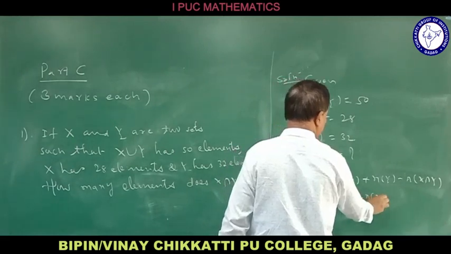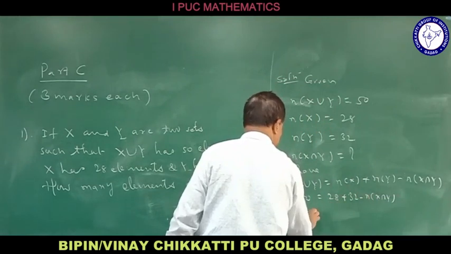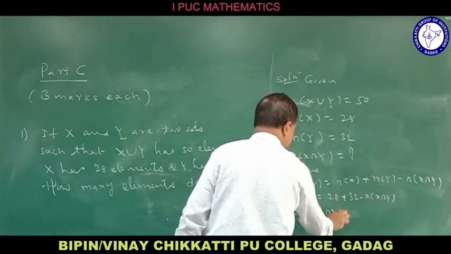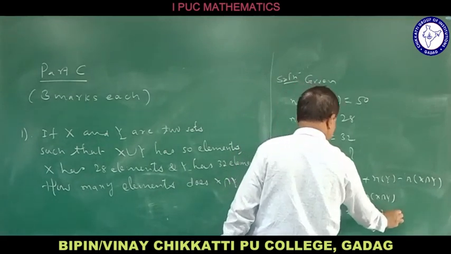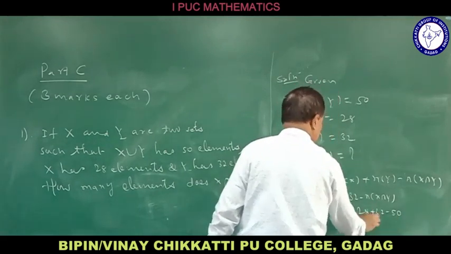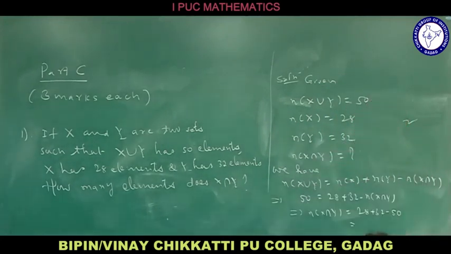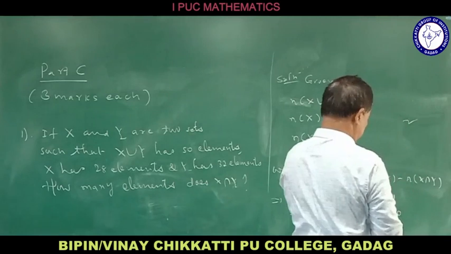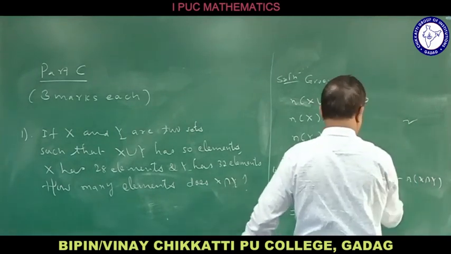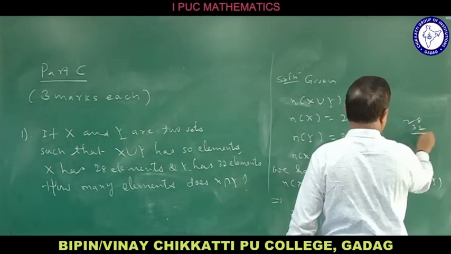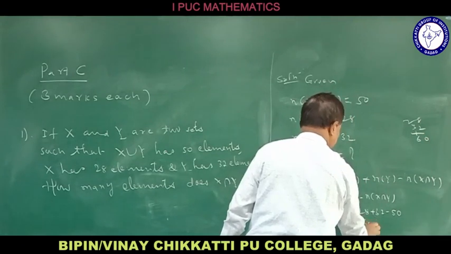So n of x intersection y is equal to 28 plus 32 minus 50. 28 plus 32 is 60, minus 50.